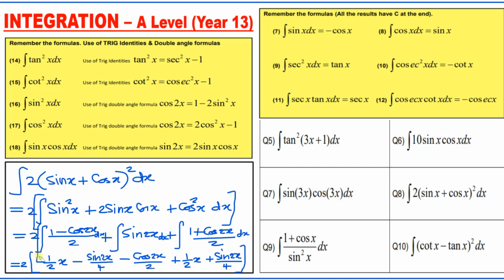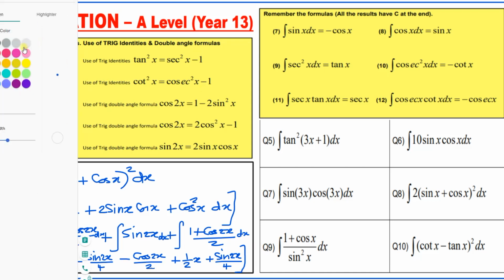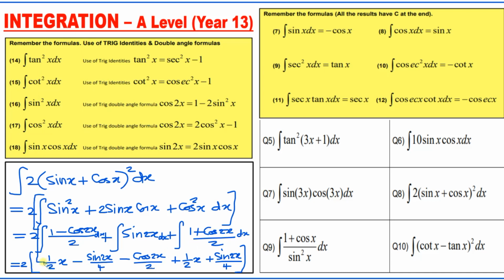So now we need to multiply everything by 2 and you will get the final answer. Let me change the color, then it will stand out. Have a look at this one. I quickly simplify. So this is half x here, half x here. Add them together, 1x times 2 is 2x.